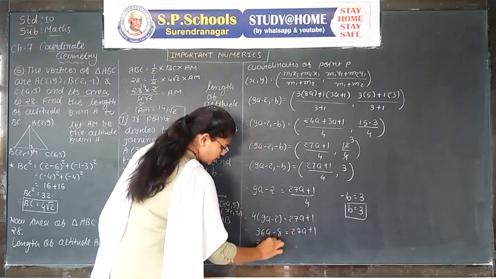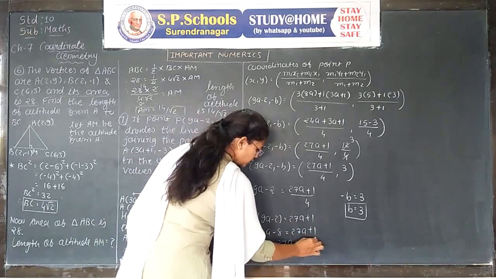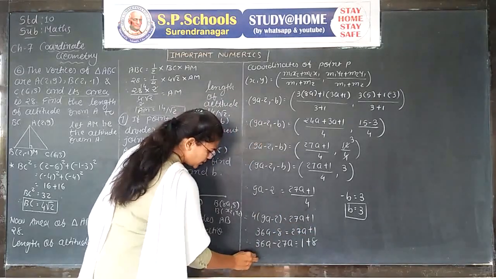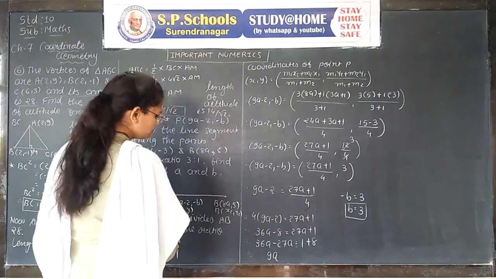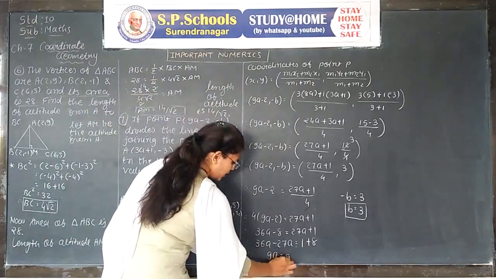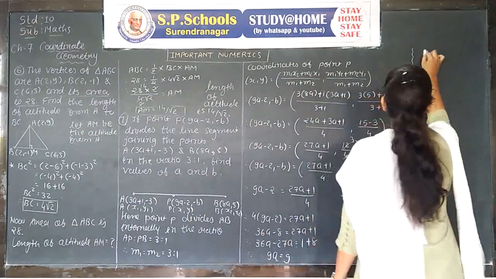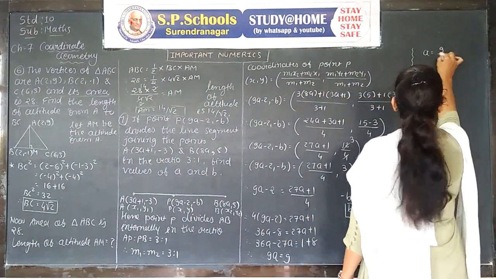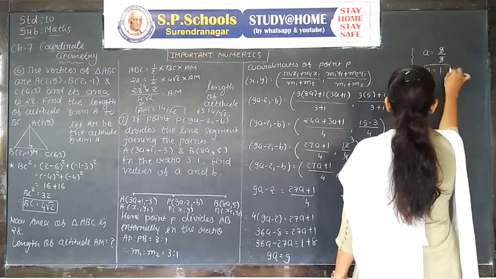Shift 27a from the right hand side to the left hand side, and 1 minus 8 from left to right. 36 minus 27, 9a is equal to 9. That's why a is equal to 9 upon 9. 9 cut and we get a is equal to 1.